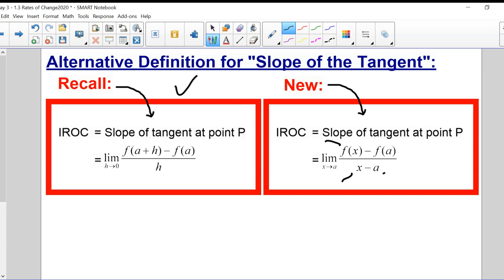Yes, before we were saying when h is 0, and it's kind of the same thing as saying as x approaches a. As the x value gets closer and closer to a, then h is really getting closer and closer to 0. So, Kushi, you're right, in a sense it's the same idea of measuring the slope using the slope formulas.